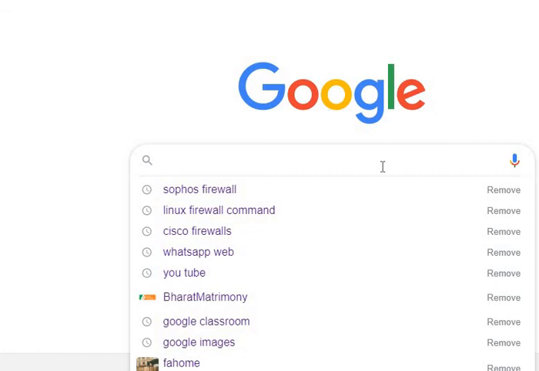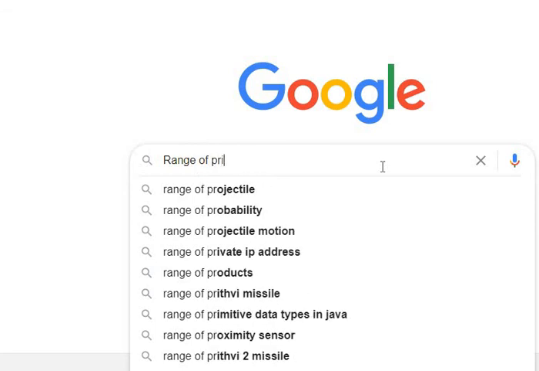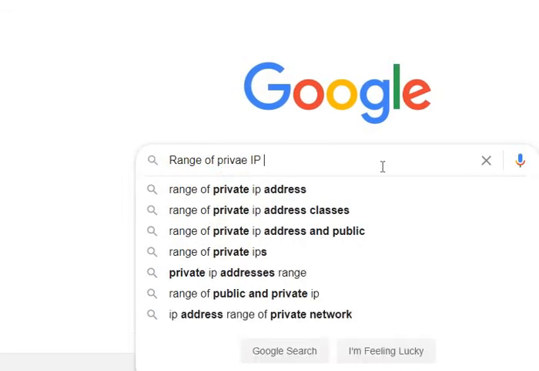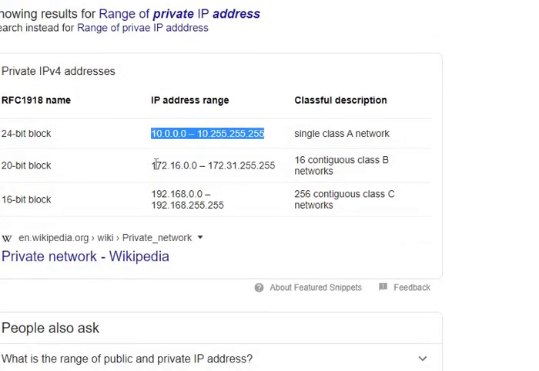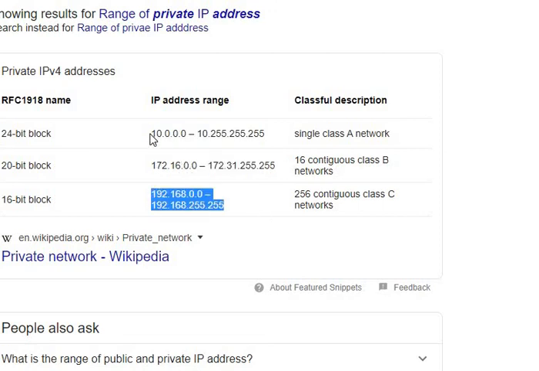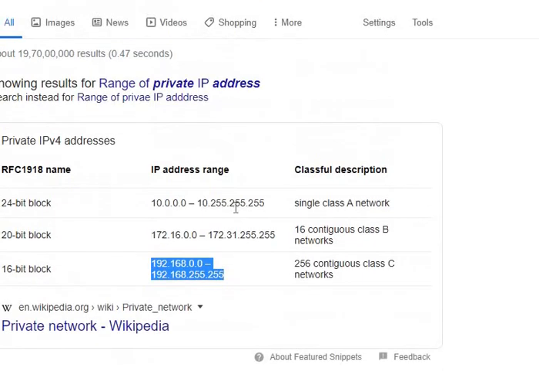Now you will be asking what the range of private IP addresses is. From that range you can apply private IP addresses, and the rest you can apply as public IP addresses. So you have to go into the detail. In the live practical session, I will give you a one-to-one lecture discussion.